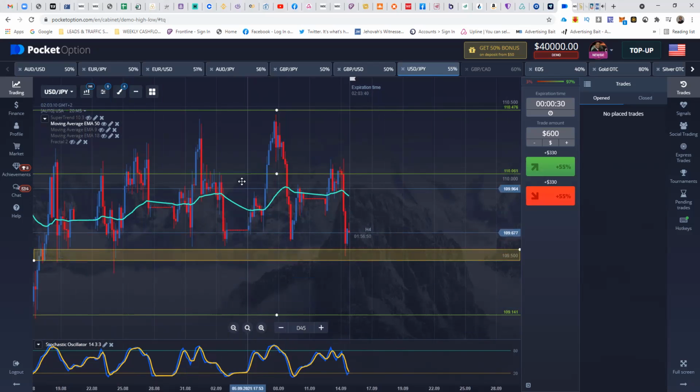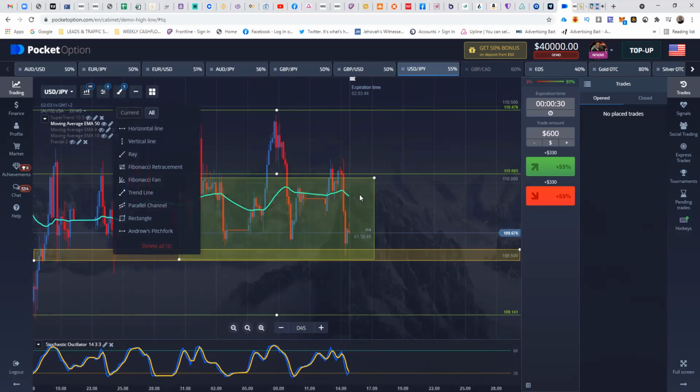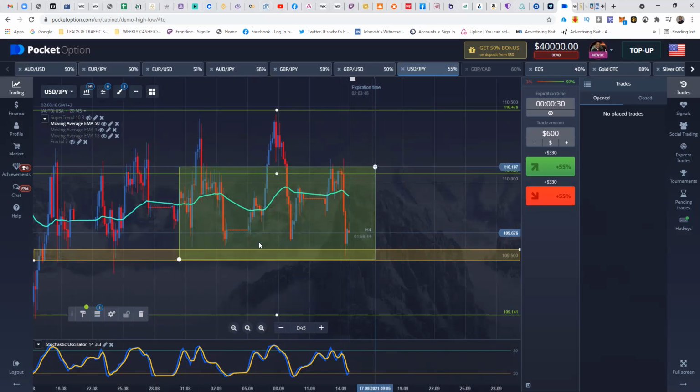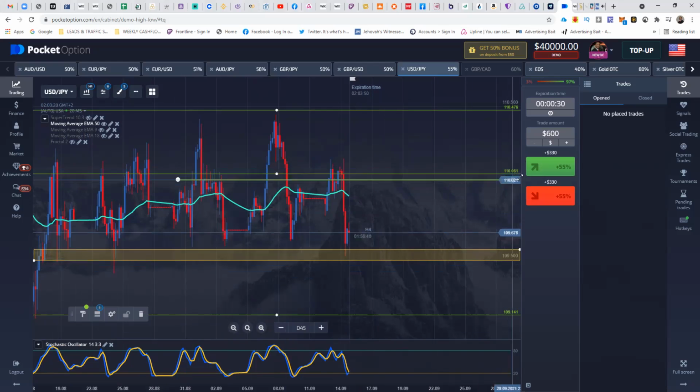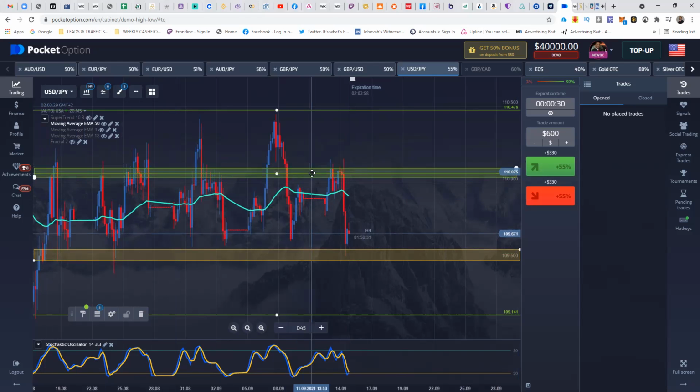Draw another rectangle, draw one across here. All right, so now we're drawing up our zones.